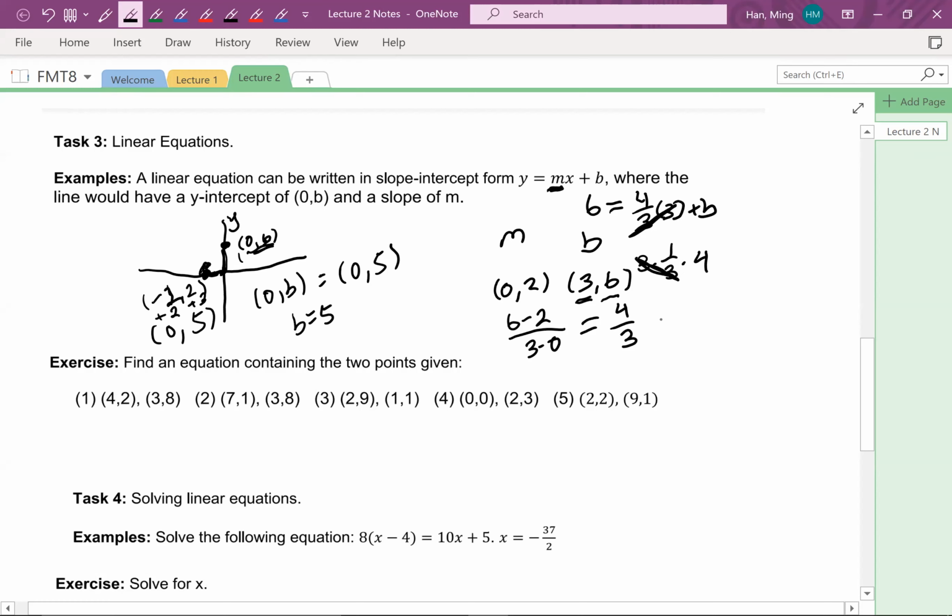So therefore we have 6 is equal to 4 plus b. Subtracting 4 from both sides, we get 2 is equal to b. So that means that our equation would be y is equal to 4/3 x plus 2. Does that make sense?